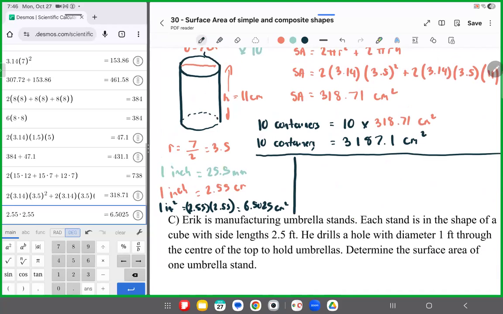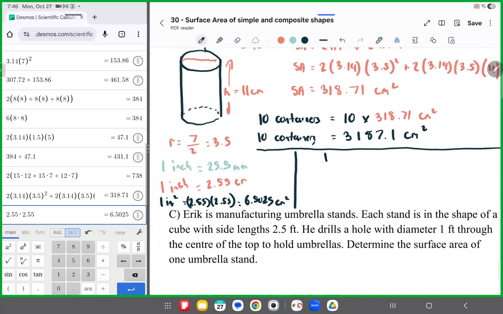Okay. So here we know that 1 inch squared happens to be 6.5025 centimeters squared. So we're curious how many inches squared there are in 3,187.1. So solving this equation yields that x will be equal to 1 times 3,187.1 divided by 6.5025. So again, I'm just running out of space.